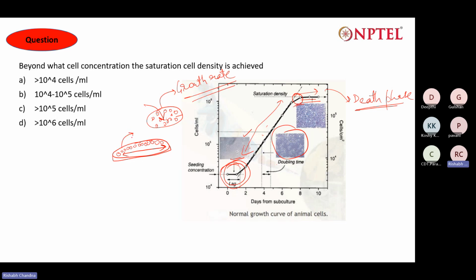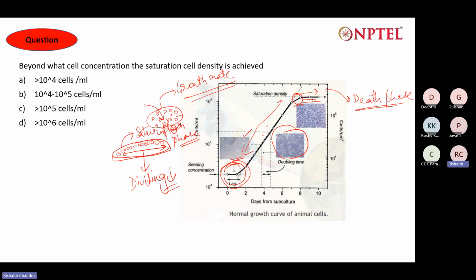So in that case, they have reached a saturation phase. Okay. So from this time, dividing will be decreased. And the plate that we are talking about, they will cover the whole surface area of the plate.